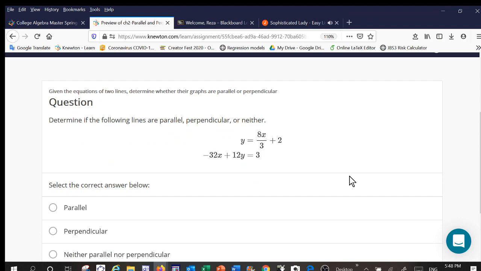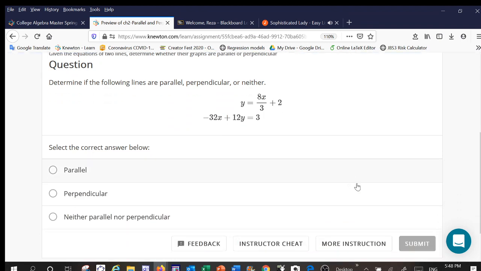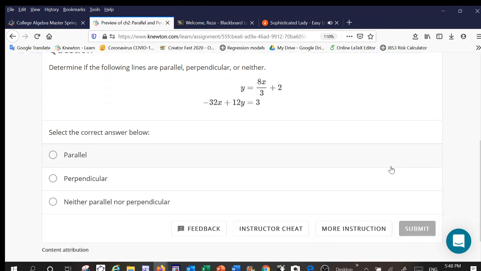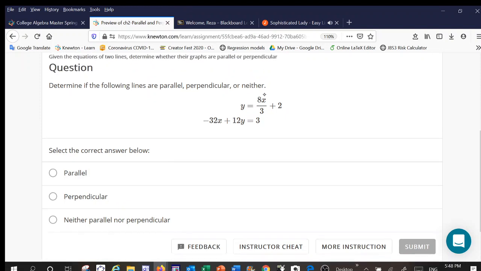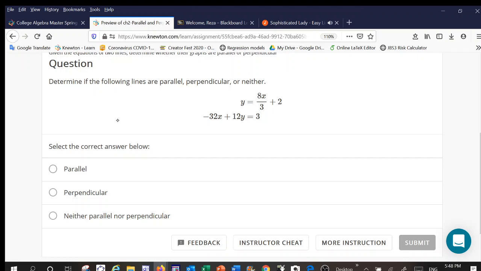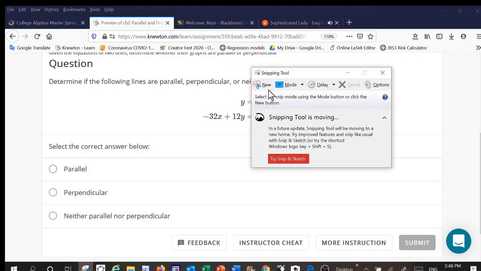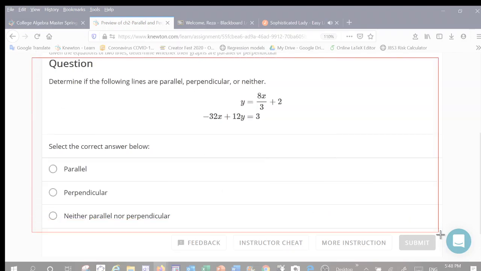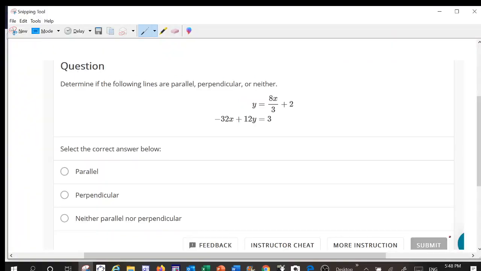Okay, so determine if the following lines are parallel, perpendicular, or neither. Now, how can we tell? Well, we know the slope of this line is 8/3. So that's our M1.